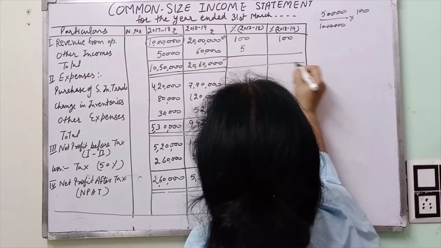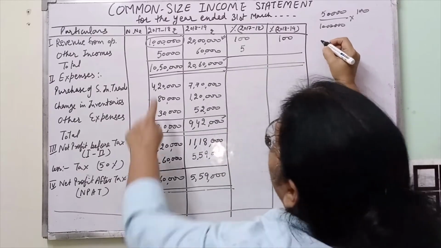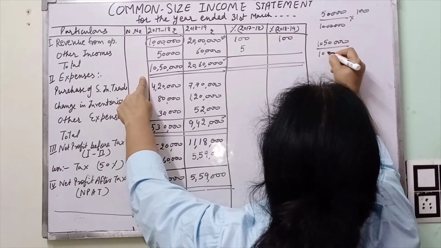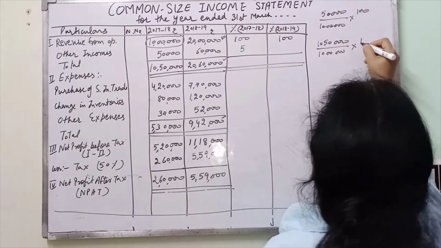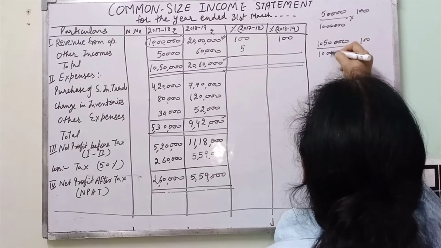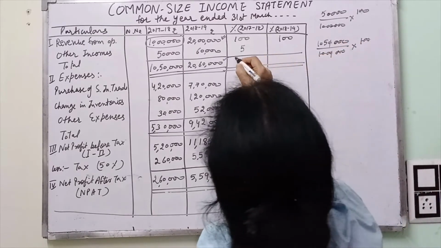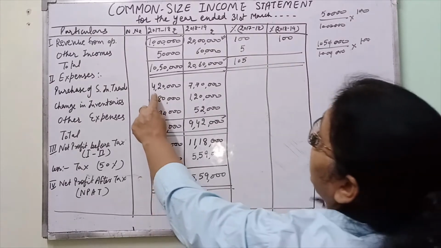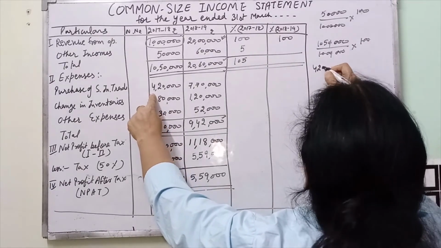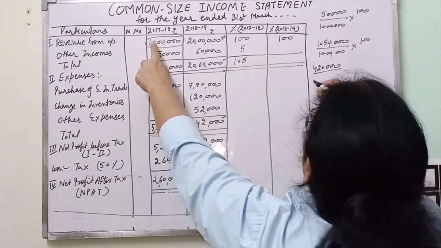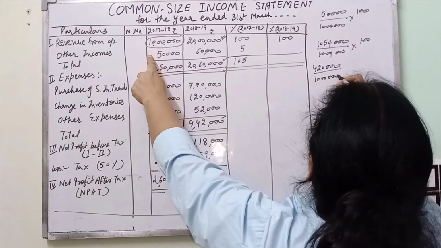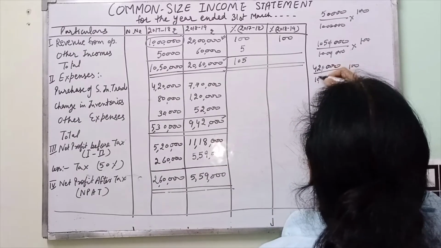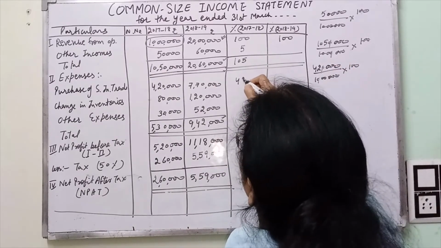Now in case of total incomes, 10,50,000 divided by 10 lakh multiply by 100. It is 105%. Got it? Next is 4,20,000 divided by 10 lakh multiply by 100. 42%.